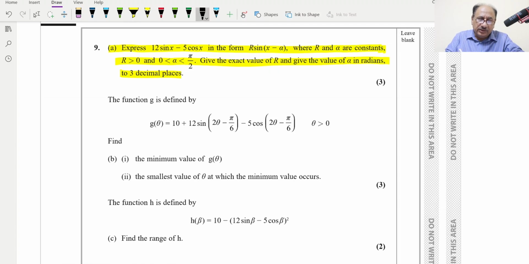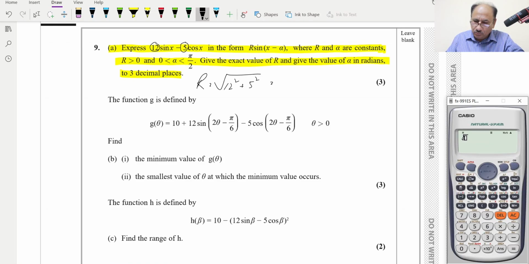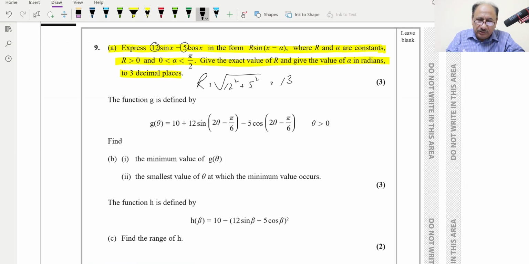R will be equal to the square root of 12 squared plus 5 squared, and this is equal to 13. So the r value will be 13, and the alpha value we can find: alpha is equal to tan inverse of the y value over the x value, so 5 over 12.